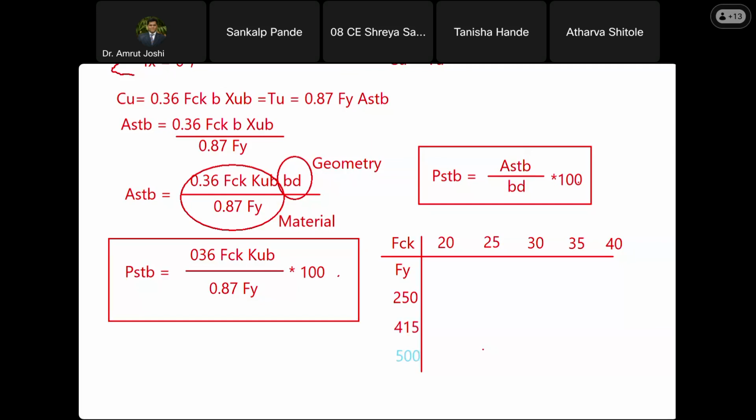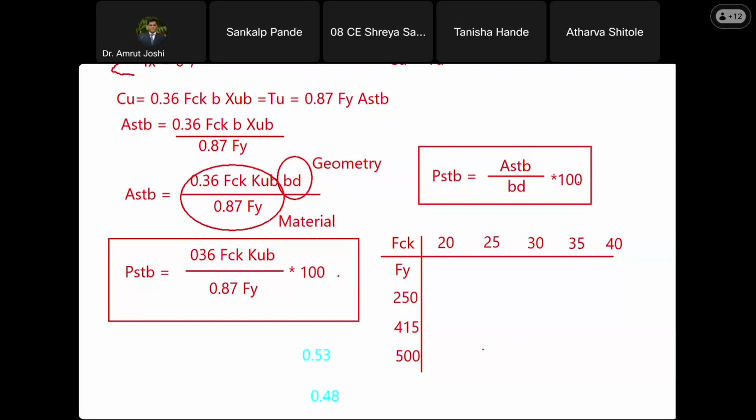Now, for fy equal to 250, 415 and 500, do we have the value of neutral axis factor? Can you tell me the value of XuB/d for these three, Shreya? For 250 it is 0.53. So I will just mention that here. So we have 0.53, 0.48 and 0.456.